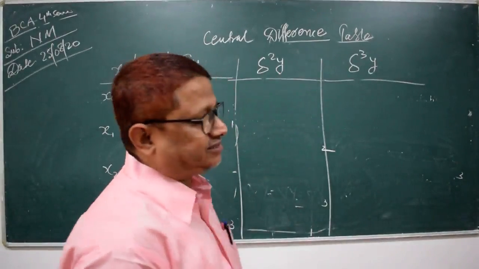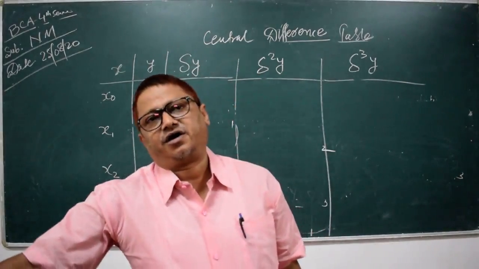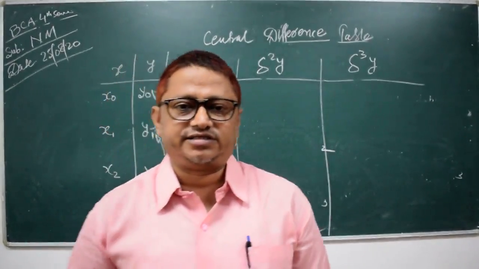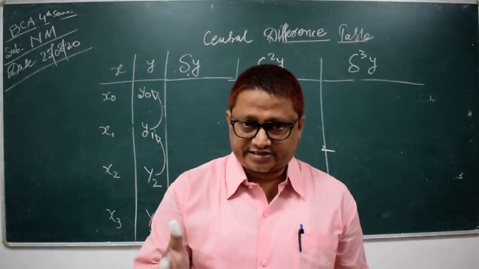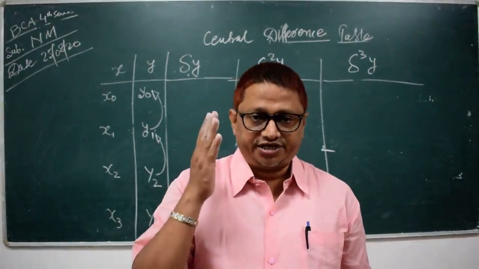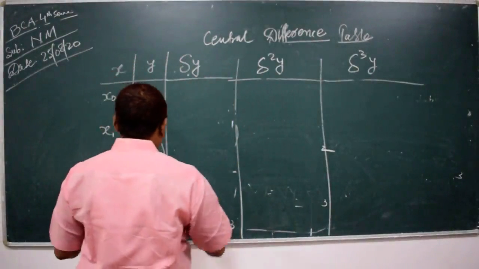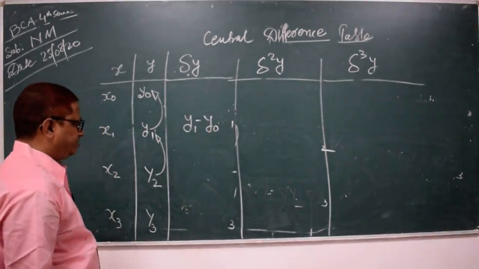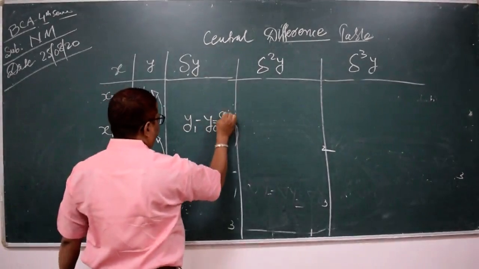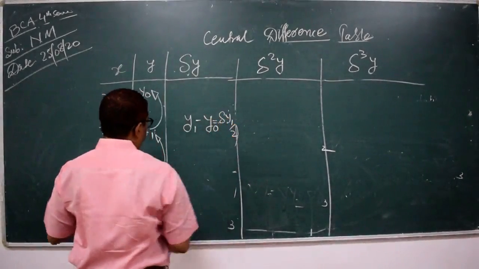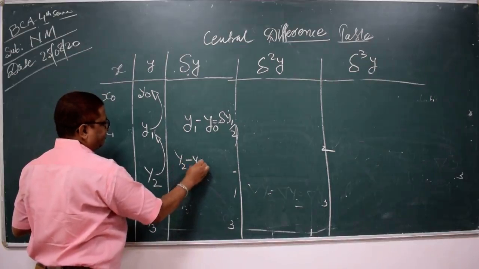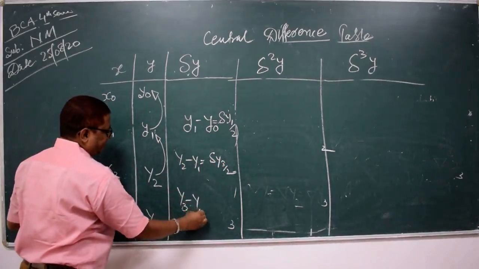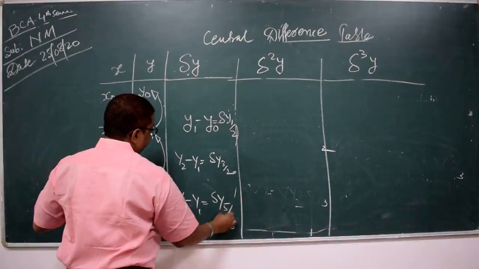So central difference is represented with the help of a small delta. And one thing you must remember: in all these three differences, the table values remain the same, the part of the subtraction remains the same, only the operator changes. Here, the subtraction in forward, backward and central is the same, y1 minus y0, but we represent it as small delta y1 by 2; y2 minus y1, delta y3 by 2; y3 minus y2, delta y5 by 2.